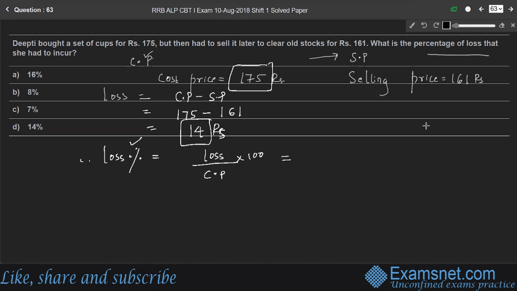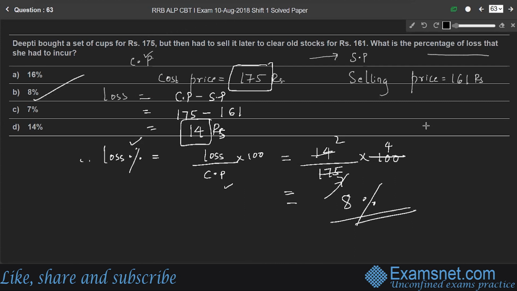That means for some cost price, here it is 175 rupees, she had to incur a loss of 14 rupees. Therefore, for 100 rupees cost price, what is the loss, right? 25 into 4, 25 into 7, and 7 into 2 is 14. Therefore, for 100 rupees cost price, she had to incur 8% loss. Hence, option B.